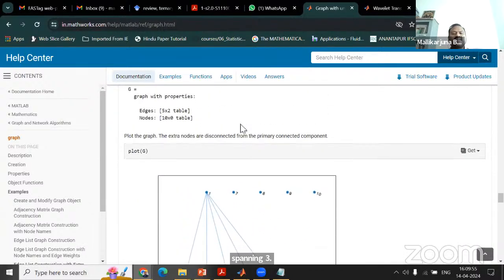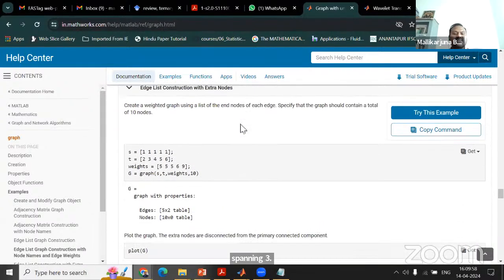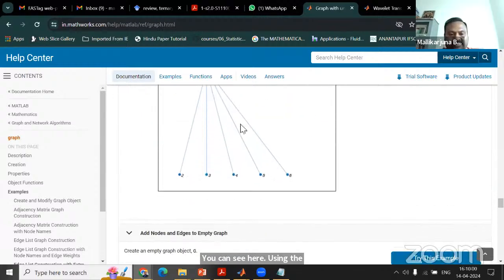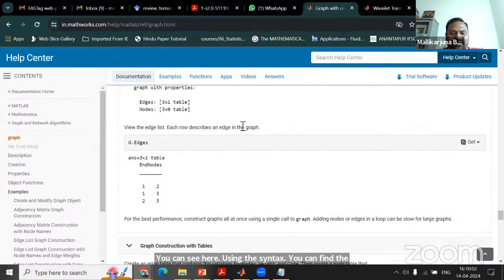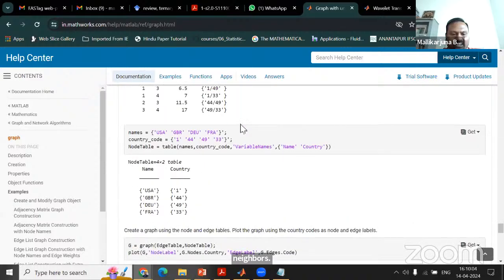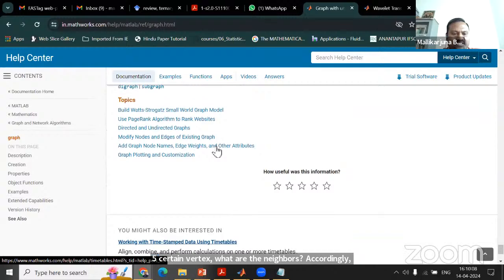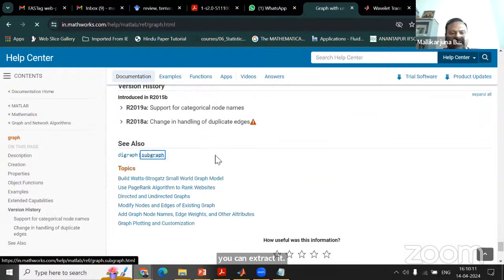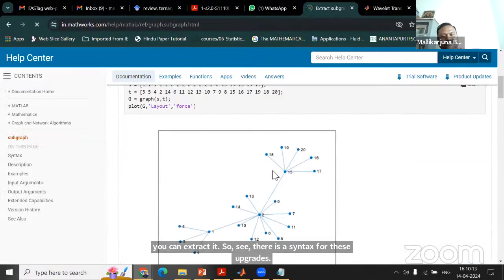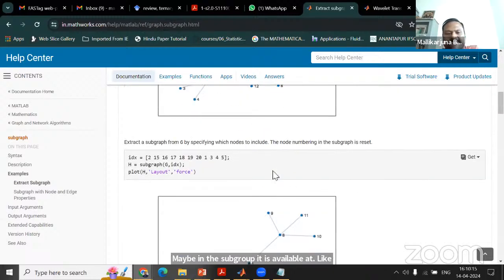You can see here, using the syntax, you can find the neighbors for a certain vertex. Accordingly, you can extract it. There is also a syntax for subgraphs. Maybe in the subgraphs it is available, I think, like this.